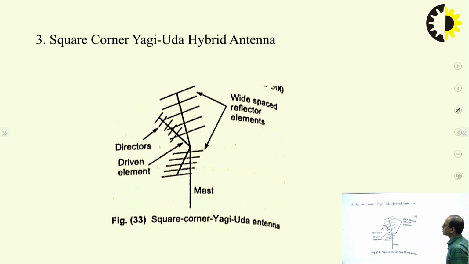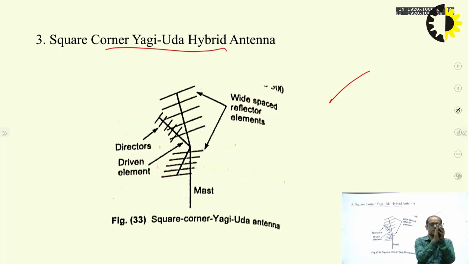The next modification is the square corner YAGI UDA hybrid antenna. That means there will be the properties of the YAGI UDA antenna plus the properties of the corner antenna. Let's say this is the main dipole antenna, and the signal is radiated by this dipole antenna.